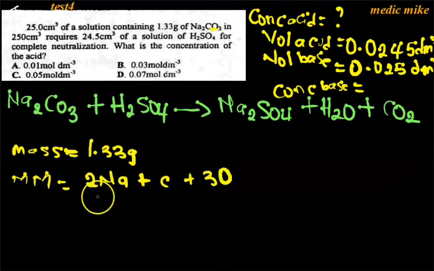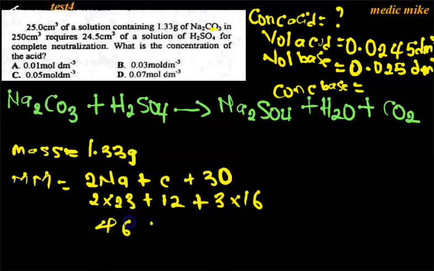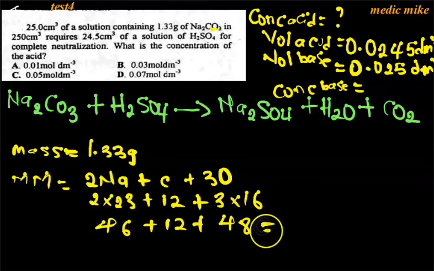Now 2Na will be 2 times 23, plus 12, plus 3 times 16, and this will be 46 plus 12 plus 48, which will give us 106 gram per mole.